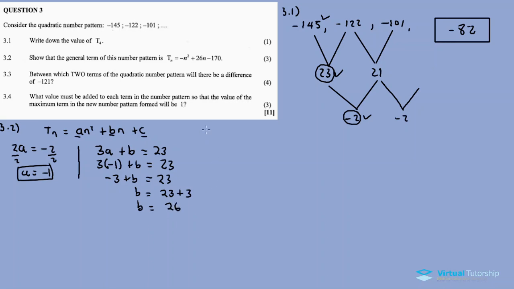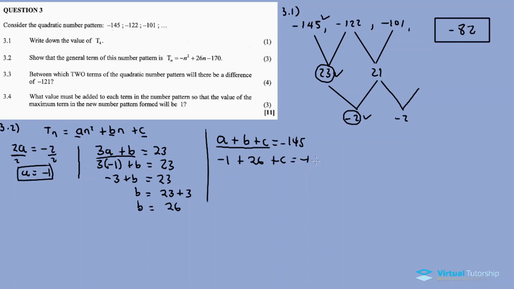As calculate to c, c and some calculator using this formula, a plus b plus c equal to minus 145. Unfortunately, lama formula lawa 2a, 3a plus b, a plus b plus c angeke wathola ku formula sheet, so komele uwazi nangabe especially now udila ne quadratic number pattern. So a -1 plus b 26 plus c unknown.